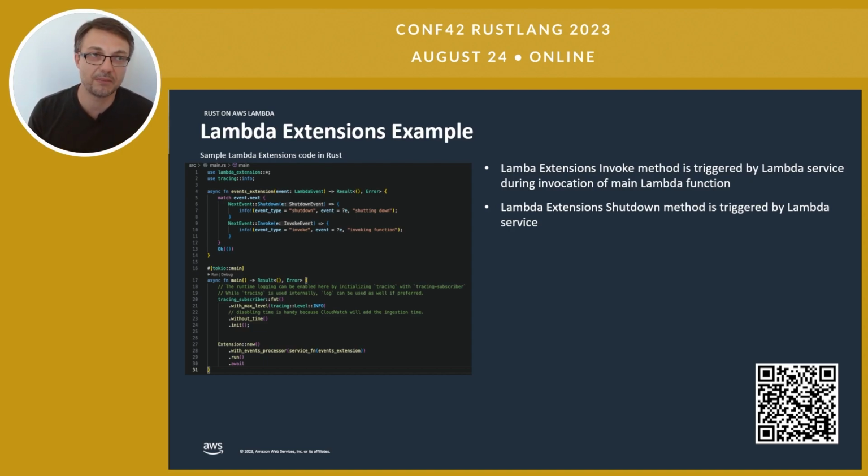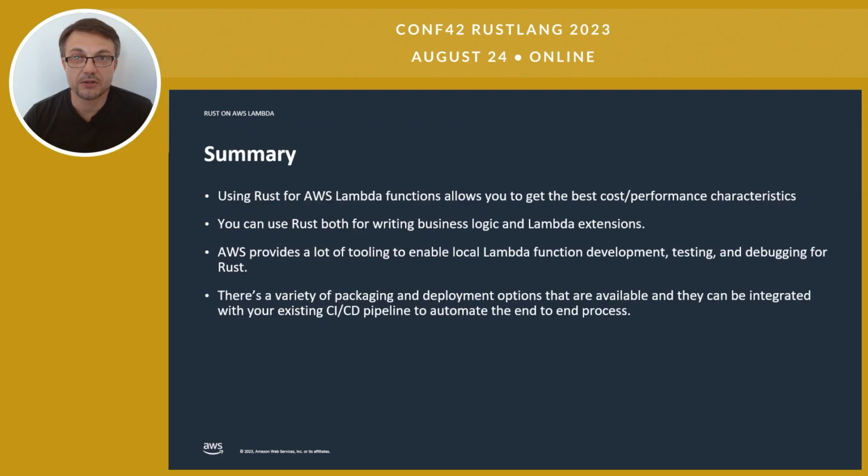So a nice example of what you can achieve with Rust and Lambda extensions. In summary, Rust is the best fit for Lambda functions, and it allows you to get the best cost performance characteristics. I highly encourage you, if you want to use Rust with Lambda, go and experiment.